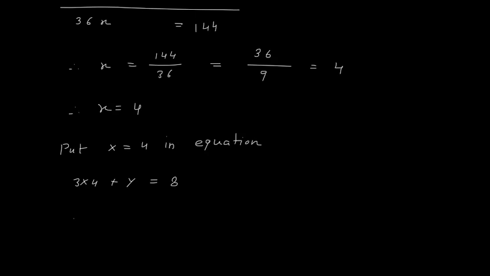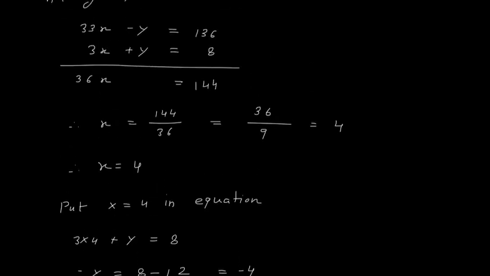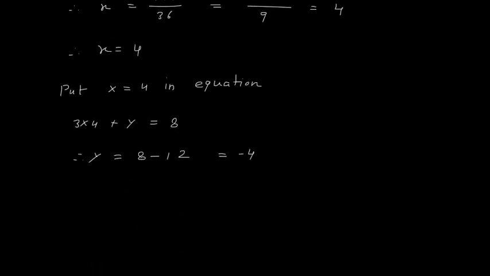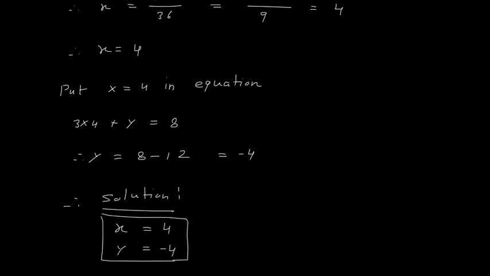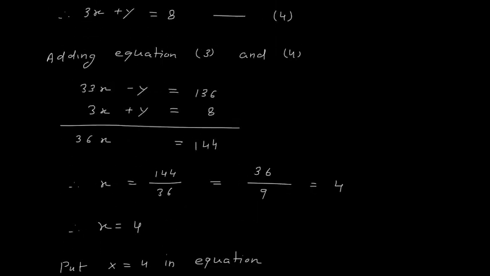So therefore y will become 8 minus 3 4s are 12, that is minus 4. So y is minus 4, x is plus 4. Therefore I will say solution. In solution we have x as plus 4 and y as minus 4. So this is our solution. Done?